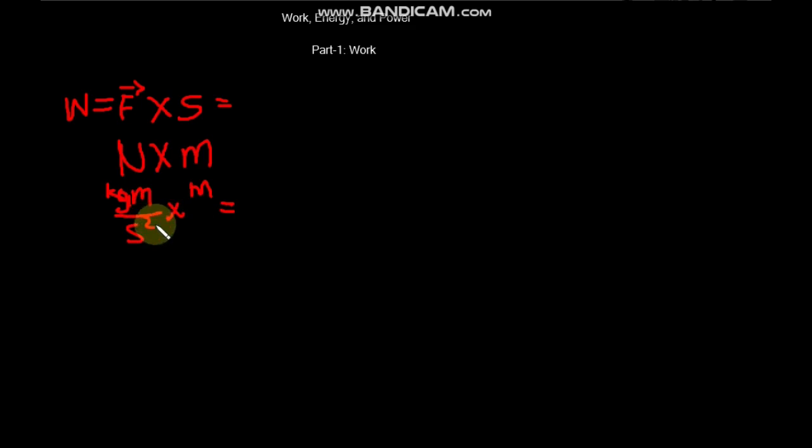So when you multiply these, you'll get kilogram meter square per second square, which gives us joule, and it's denoted by J. It's the SI unit of work, and it was named after James Prescott Joule. So let me give you some questions, and then let's go to the next part, that is energy.